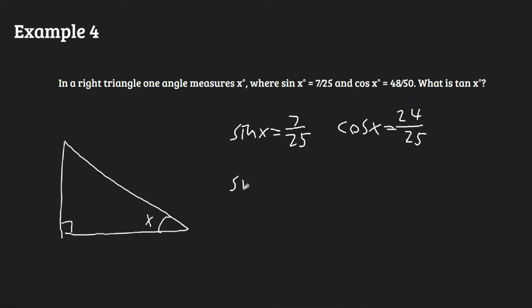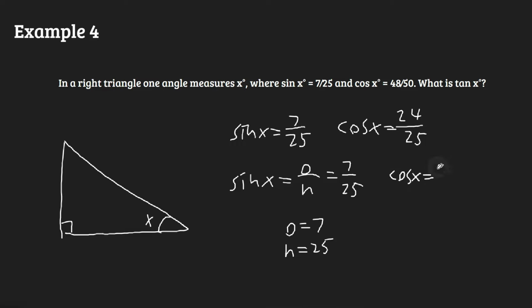So if sine of x is equal to 7/25 and the sine of an angle is equal to opposite over hypotenuse, that means that we can say the opposite is equal to 7 and the hypotenuse is equal to 25. And then now with the cosine of x, remember the cosine of any angle is equal to the adjacent side divided by the hypotenuse, and this is equal to 24 over 25.